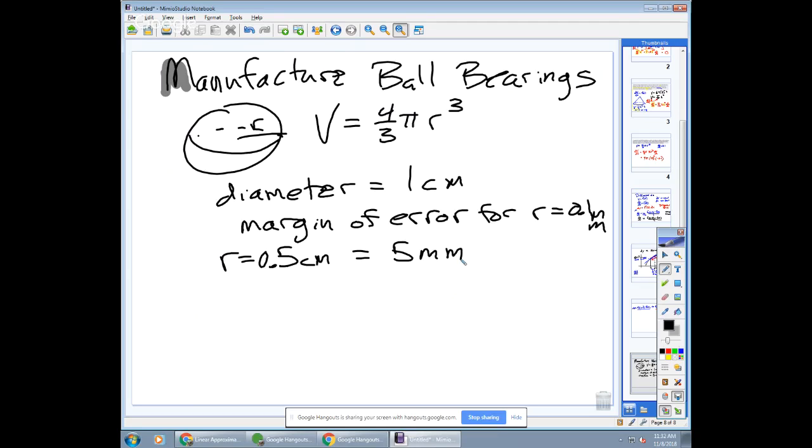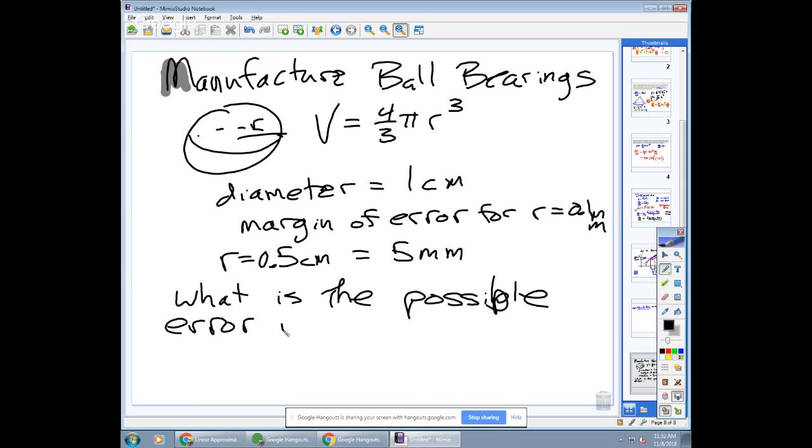What's the possible change in volume here? That's the question. What is the possible error in volume? In other words, I'm looking for the rate of change of volume with respect to the radius here.